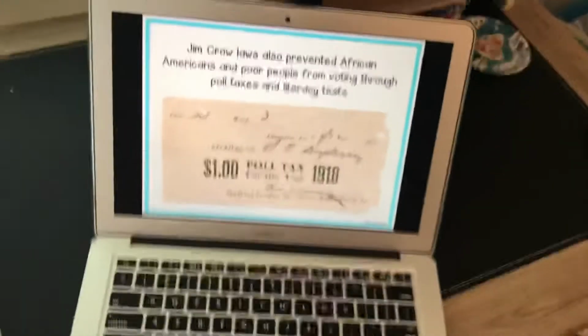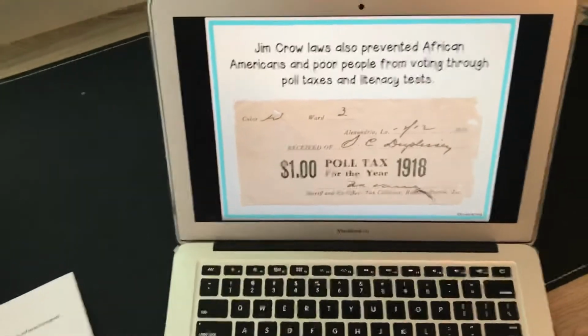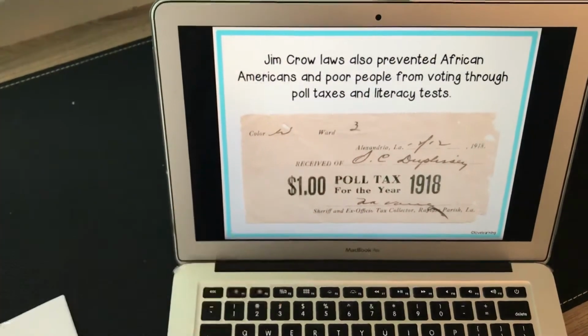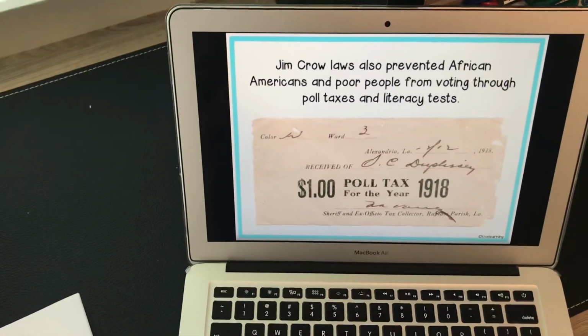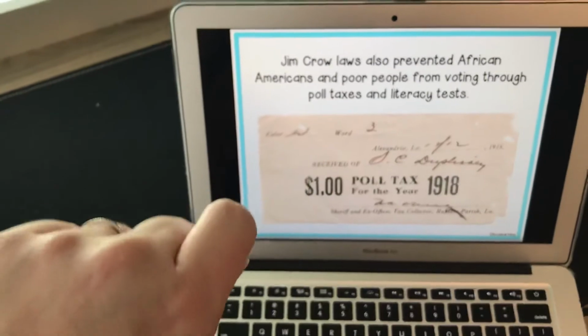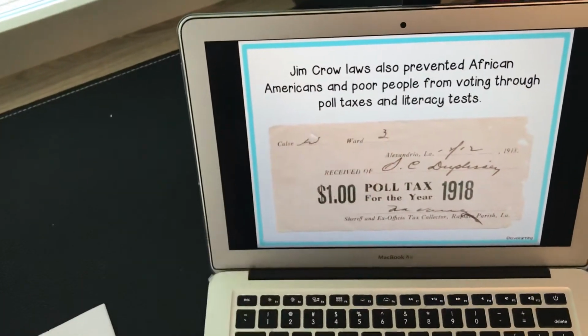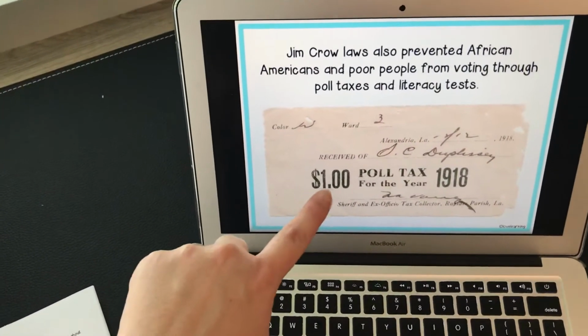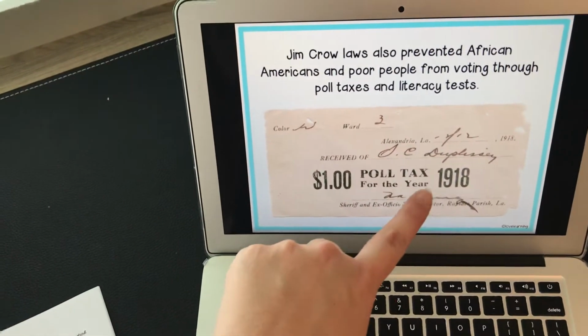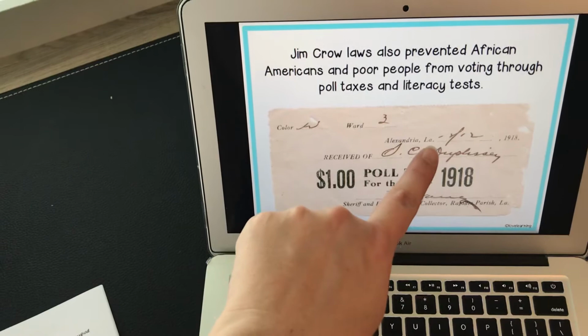Okay. So the thing that we were looking at is, other than just African Americans, poor people were also discriminated against because they weren't allowed to vote unless you paid a tax and passed a literacy test. This is a receipt in 1918 for voting in the area of Louisiana here.